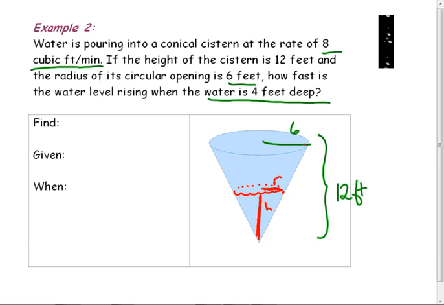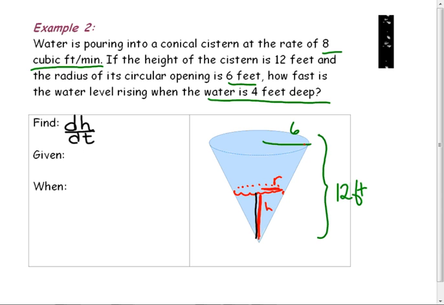Okay, so now that I've got some variables here, the water's 4 feet deep. It says how fast is the water level rising? What is it I want to find? The change in the height or the change in the radius? The height. So that's the change in the height as time changes. It's all going to be derivatives. And what is it I'm given?